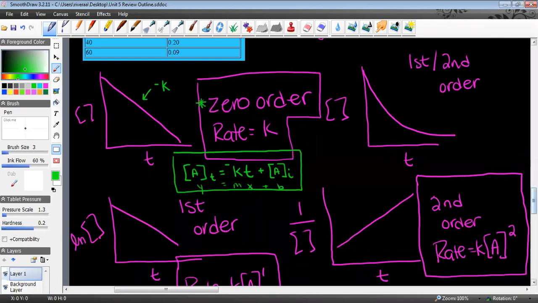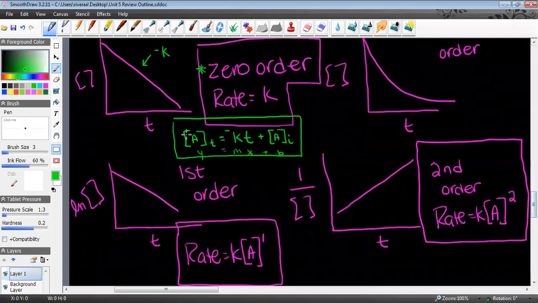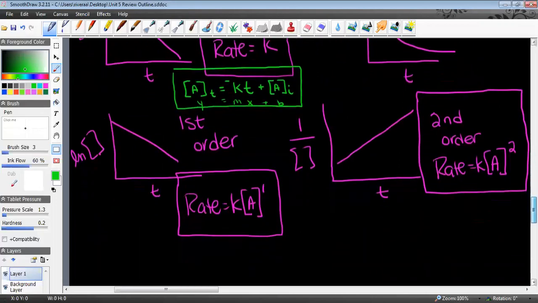I can also integrate my other rate laws, and it allows me to actually calculate what the concentration is going to be at some other point in time in the reaction. It allows me to predict how much stuff I'm going to have at a certain point in time. That's the beauty of the integrated rate laws.